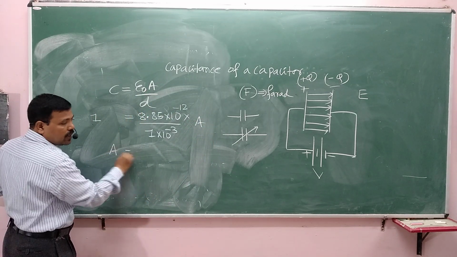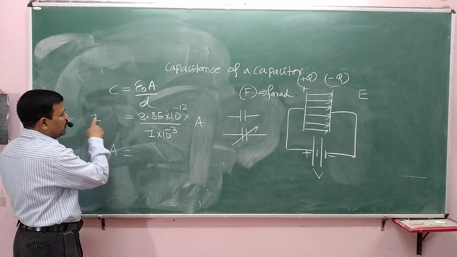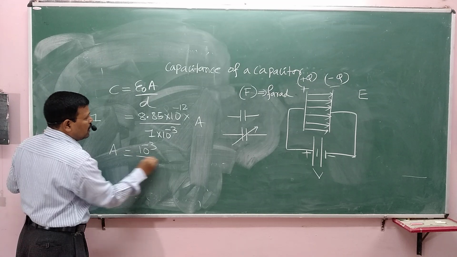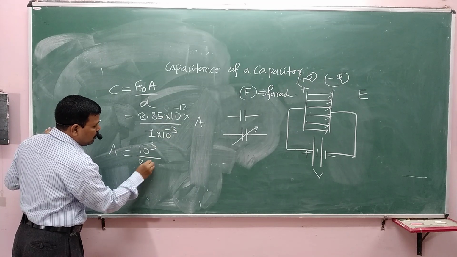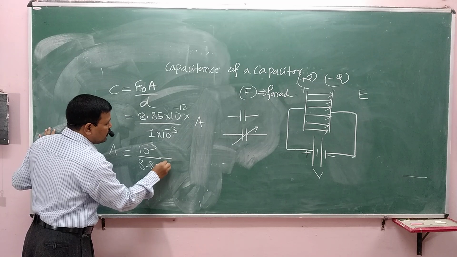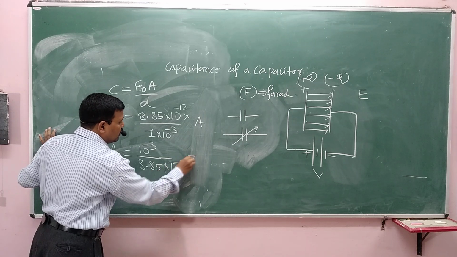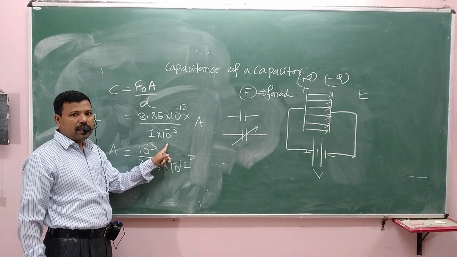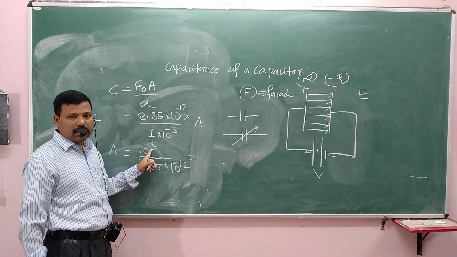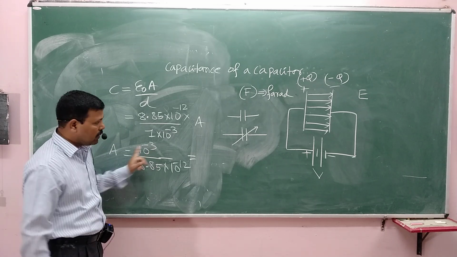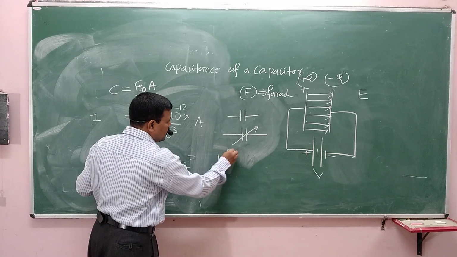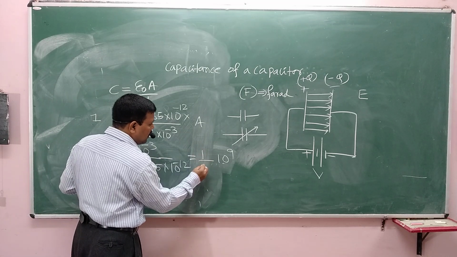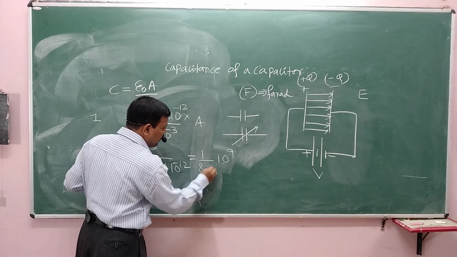So if you do this calculation, how much does it come to? 1 into 10 raised to minus 3, divided by 8.85 into 10 raised to minus 12. You take this 10 raised to minus 12 to the numerator, it becomes 10 raised to plus 12. Plus 12 minus 3 becomes 10 raised to 9. And here it is 1 by 8.85.